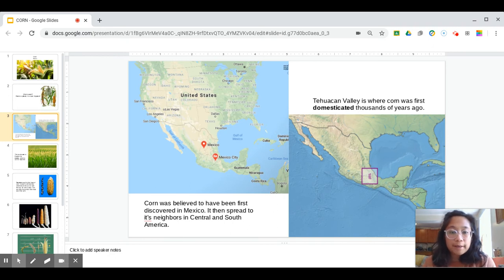And that's why in Mexico and in Central and South America, corn is a big part of the food and the diet there. And of course, it eventually spread to all over the world, but it is the reason why it is still sort of a big part of their cuisine in Central and South America, and still eaten today, thousands of years later.